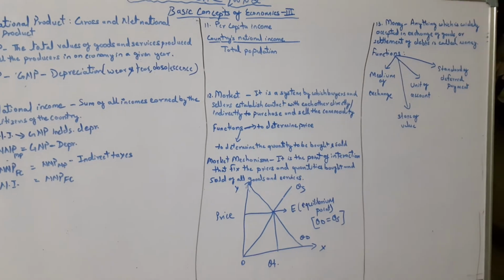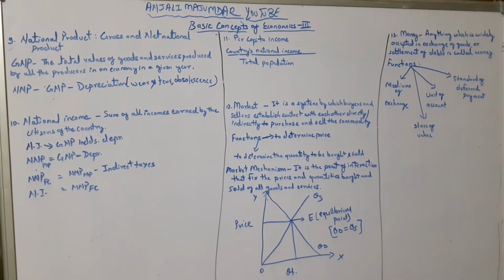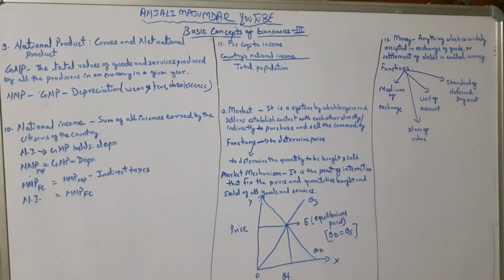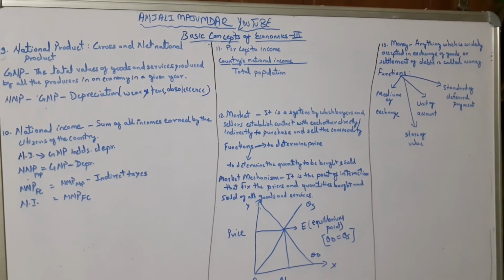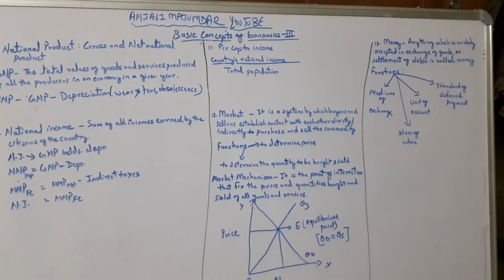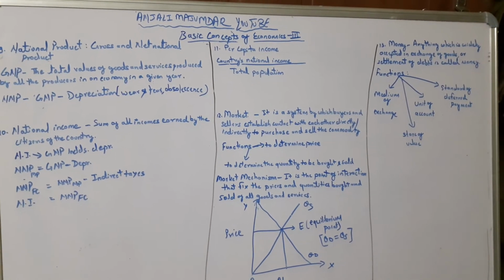Then there is a store of value. Store of value means that if you save money, you can keep it for future income. Like if you do a fixed deposit of that money, you will get some earning in future. So store of value represents that you save today's money to get income in future.